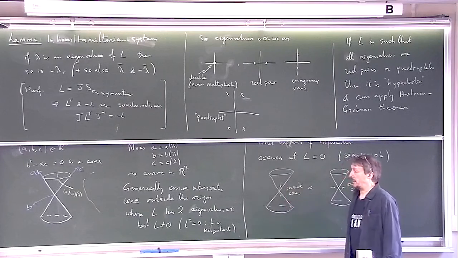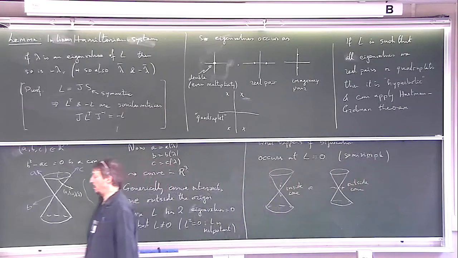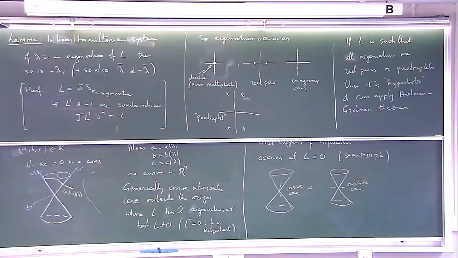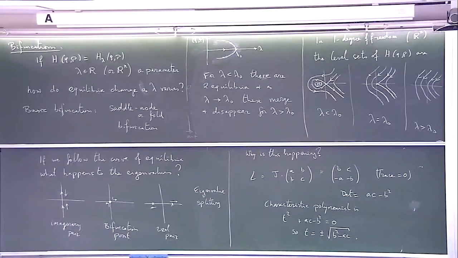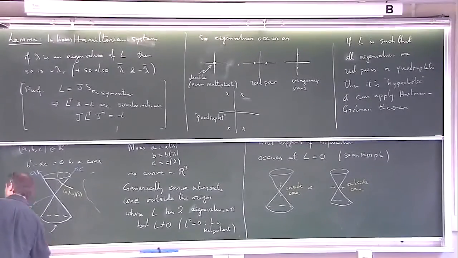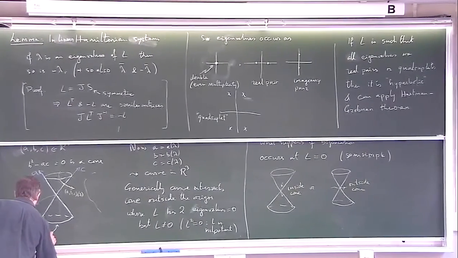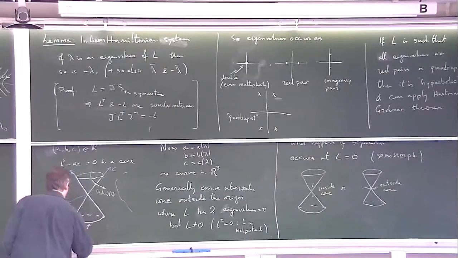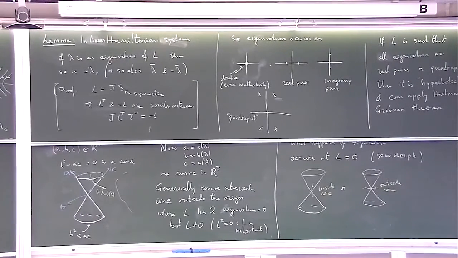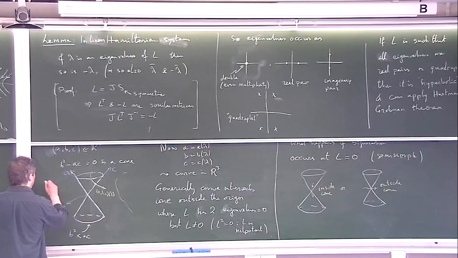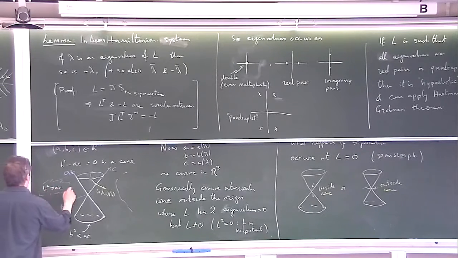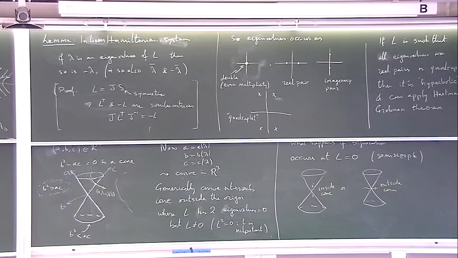Now, when you're inside the cone, which way is it? B squared is less than AC. And out here, B squared is greater than AC.